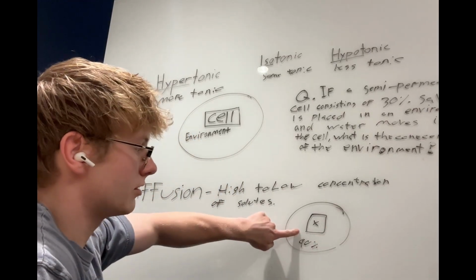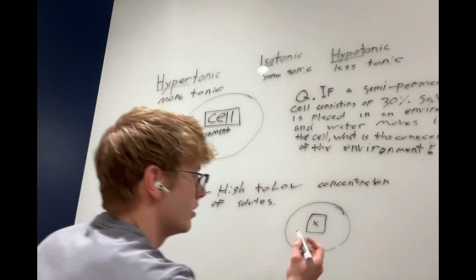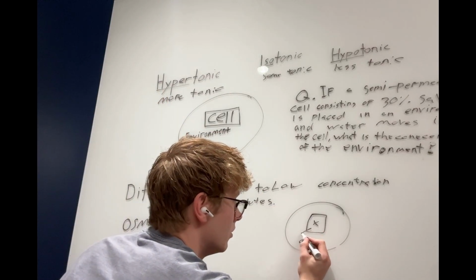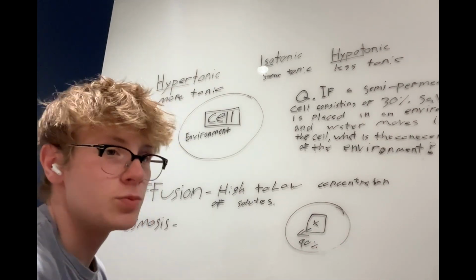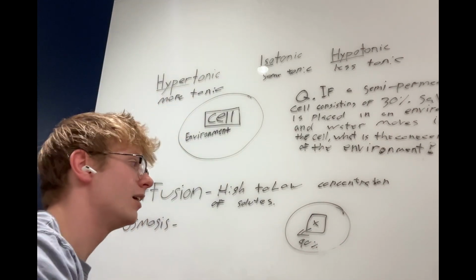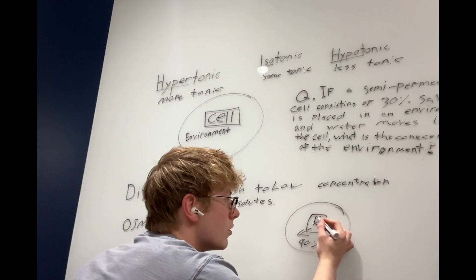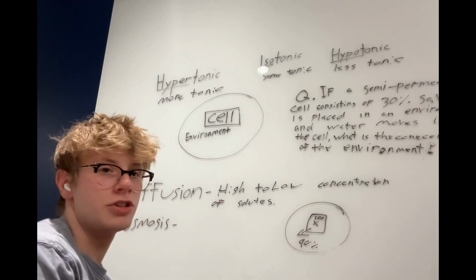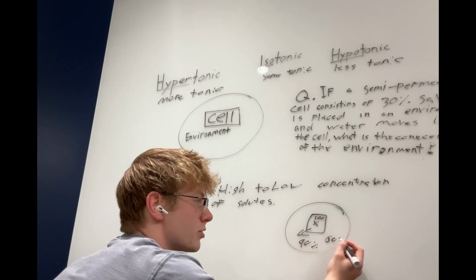So this has less water than the inside of the cell. So the water is going to move out into the environment. The water is moving from its concentration of high, 100% water, to a concentration of low. That 40% salt would only have 60% water.